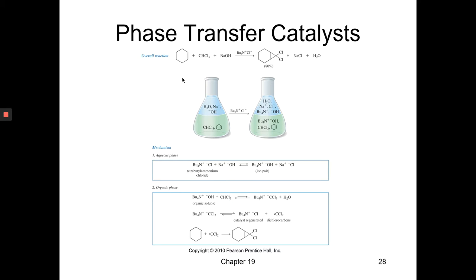Okay, but if we use a phase transfer catalyst, here we have tetrabutylammonium chloride, in which we have an anion exchange. The hydroxide replaces the chloride.